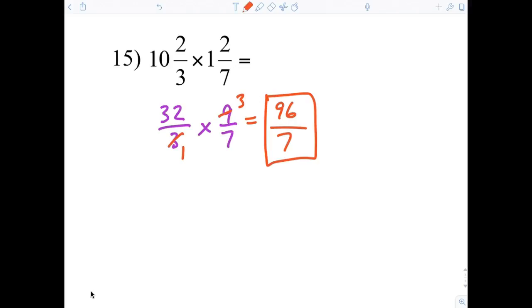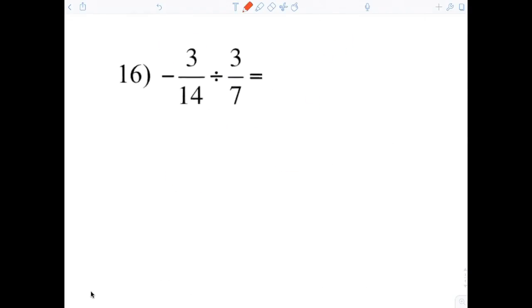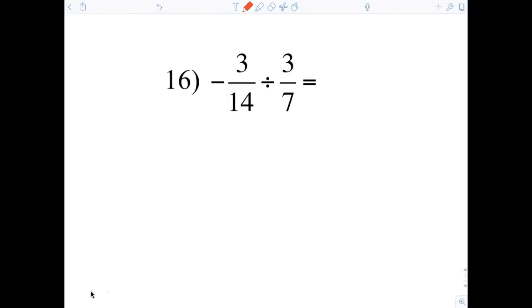All right, let's take a look at something else now. Let's take a look at 16. Uh-oh. Negative divided by a positive is always a negative. Good. All right, Madeline, you're up. Tell me about 16. What do I do? So you have to do the reciprocal. Very good.